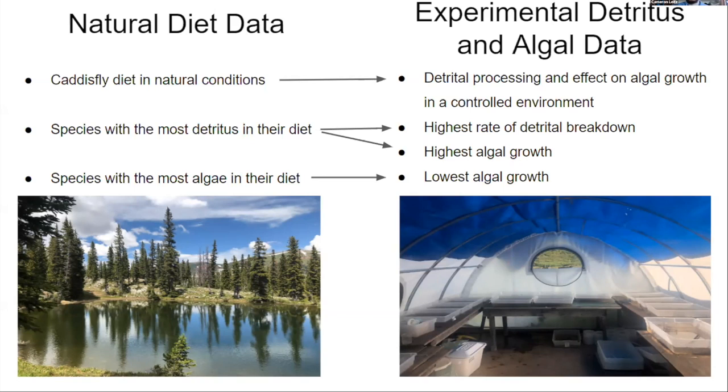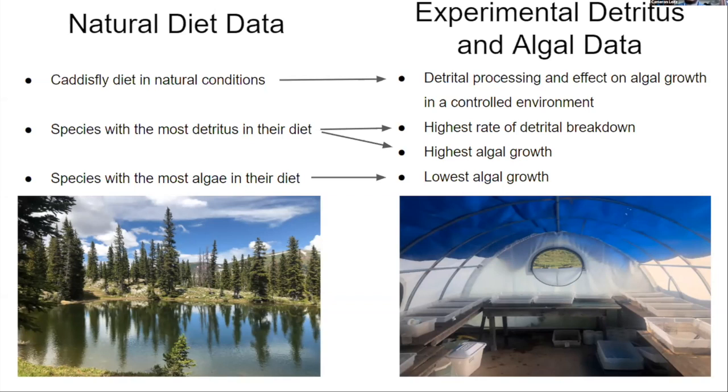And so we collected data from various high altitude Rocky Mountain ponds. For our predictions, we thought that caddisfly diet in natural conditions would be maintained when given equivalent food resources in a controlled environment, and this would connect to their detrital processing and effect on algal growth.